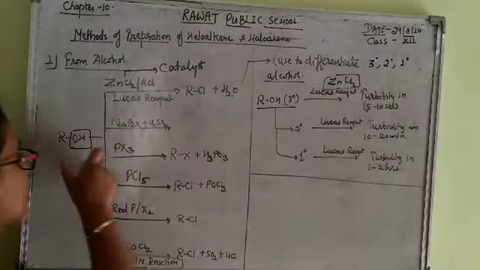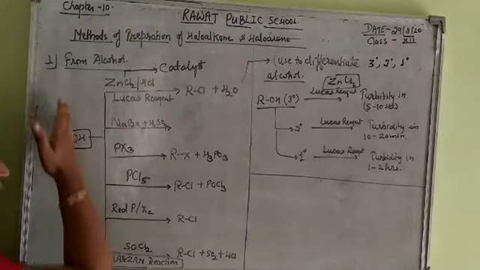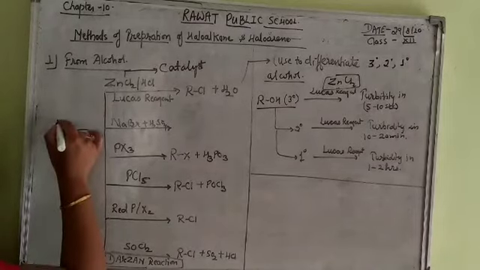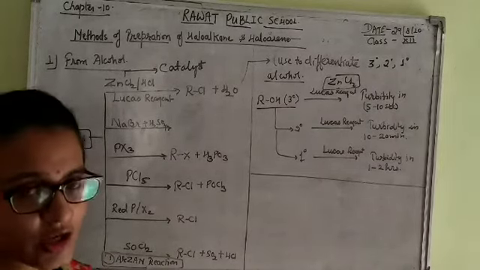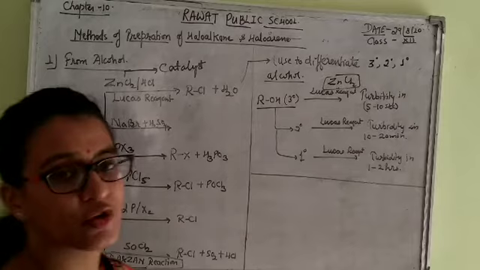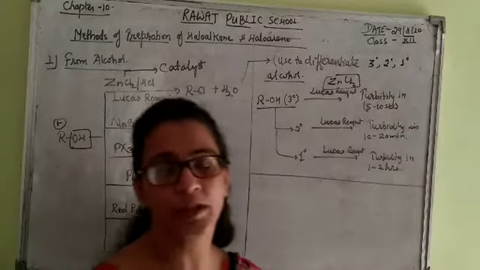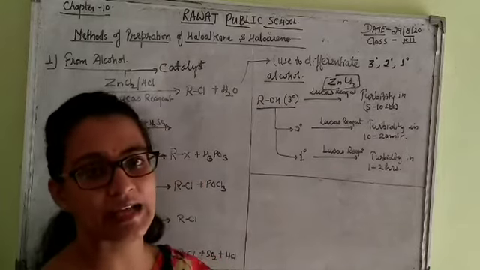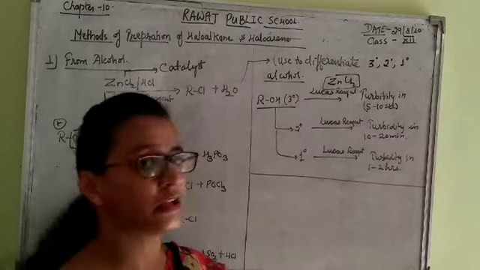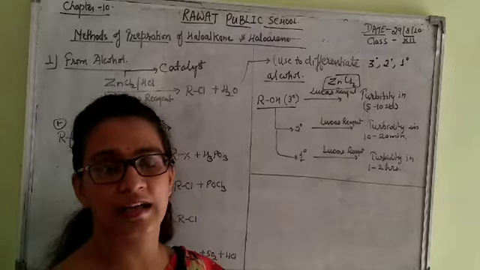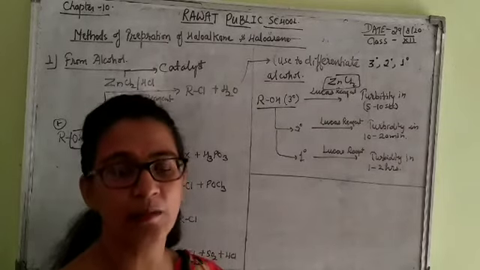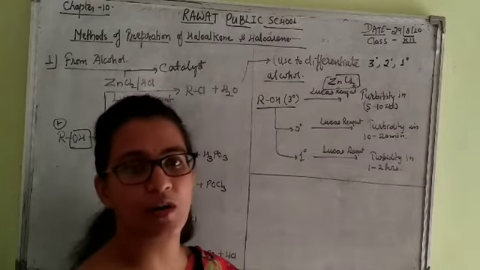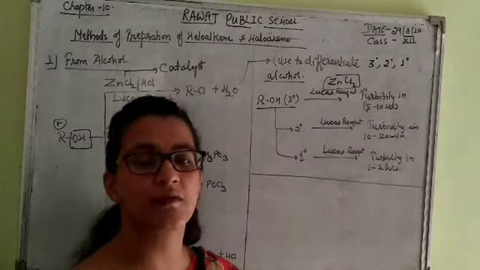Because when the bond in the alcohol is broken, the alkyl group has a positive charge, and a positively charged alkyl group is known as a cation. We learned in previous classes about the reactivity of tertiary, secondary and primary cations. Tertiary cations are more stable. If a more stable species is formed, the reaction becomes very fast.